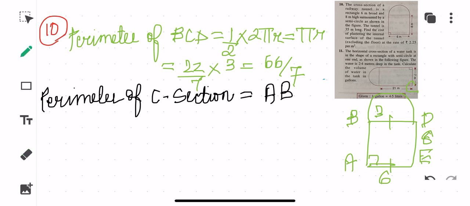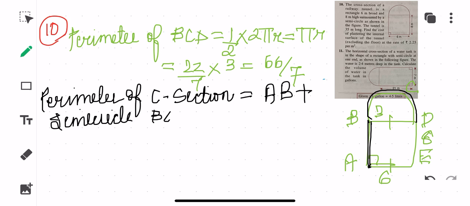So why am I taking this? Because I want AB. Now plus I'll be taking semicircle BCD like this, if you can see, and plus DE.